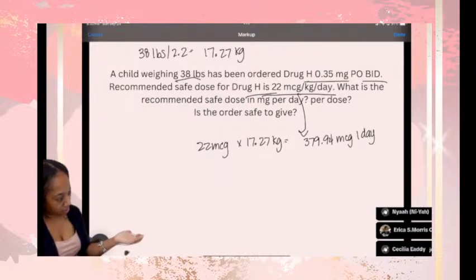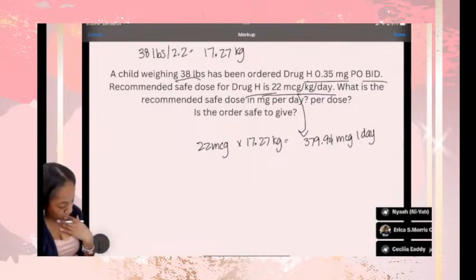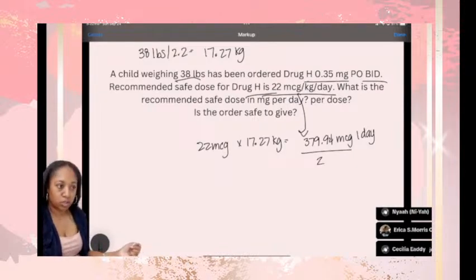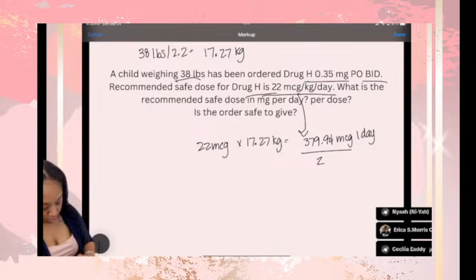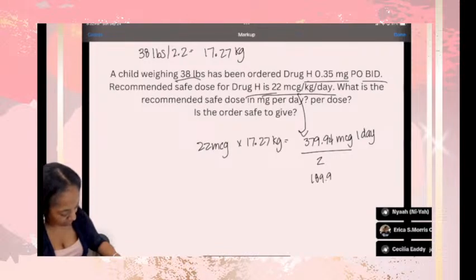Alright, so that's how you know if it's per day. Per dose, you would divide this by 2, because it's 2 doses, twice a day. So 379.94 divided by 2 is 189.97, which is equal to 190, right?